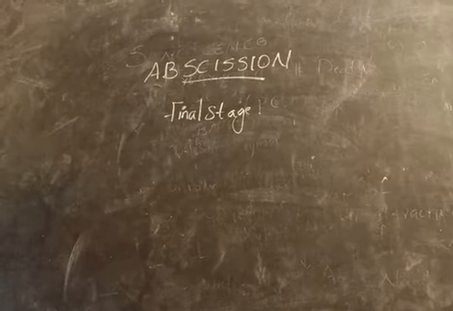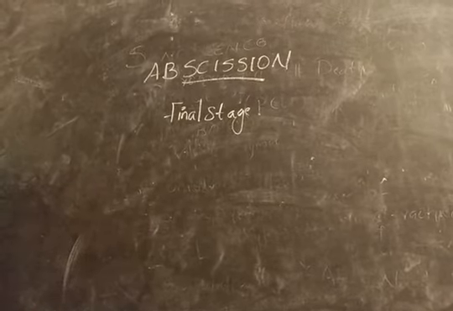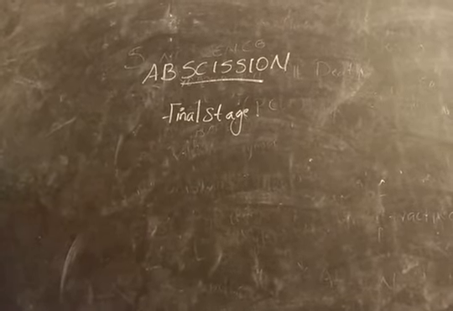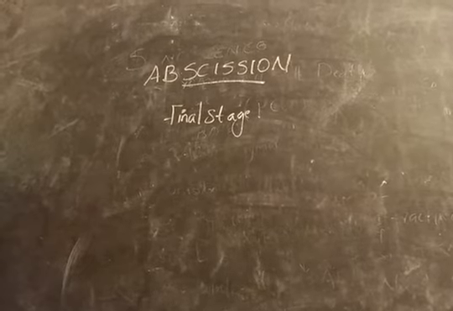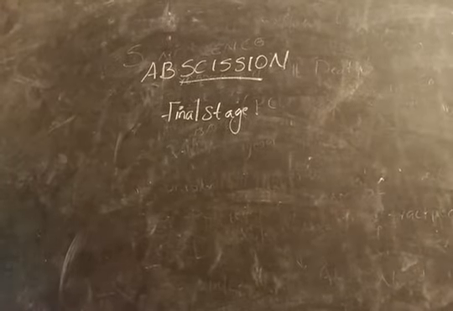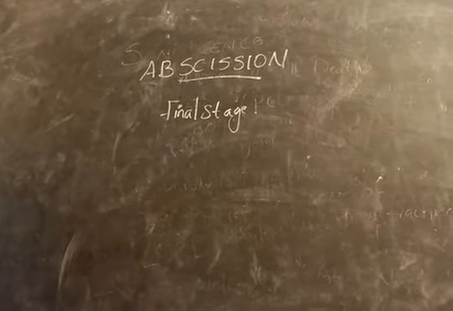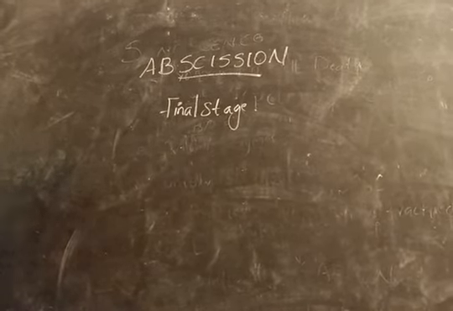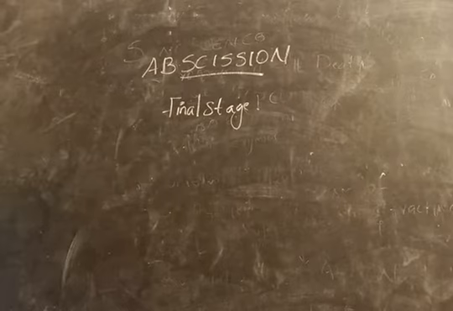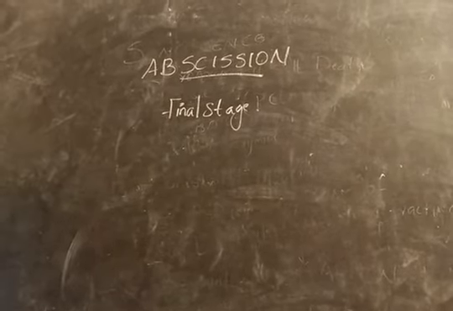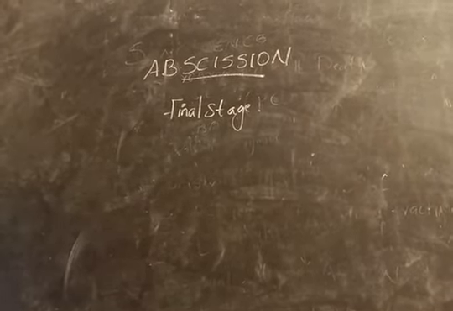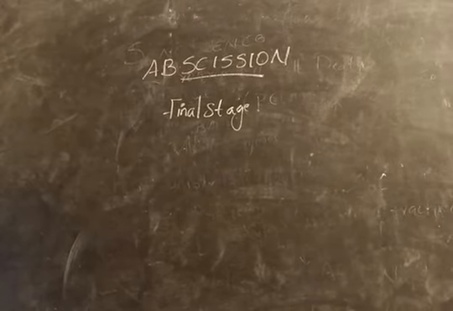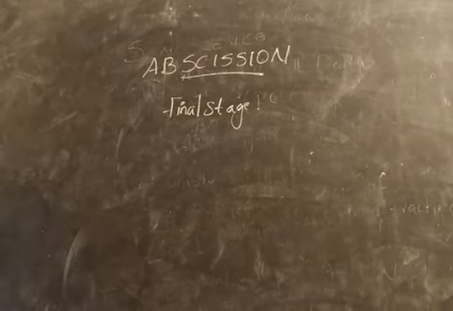The older leaves fall off while new leaves are developed continuously throughout the year. That's why evergreen plants always look leafy, whereas in deciduous plants all the leaves are shed in autumn, and when spring comes, new leaves develop. This is due to abscission.